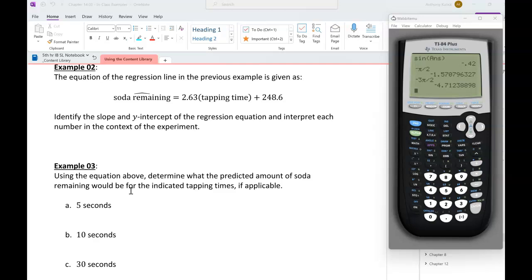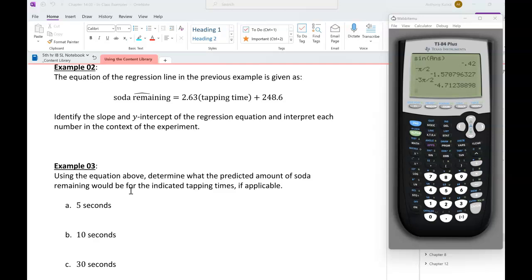For each second of tapping, there's 2.63 more milliliters of soda remaining. Excellent. So again, you're just looking at one unit of the independent variable resulting in a slope change of the dependent variable. That's like the fill in the blank version of that, right?